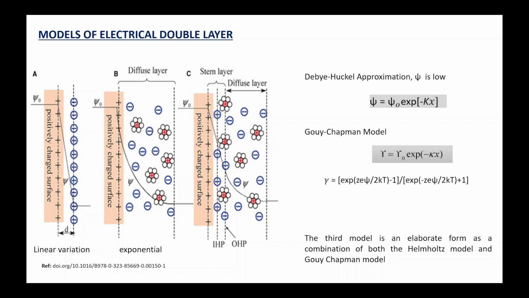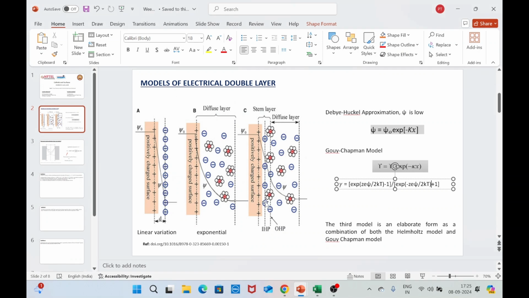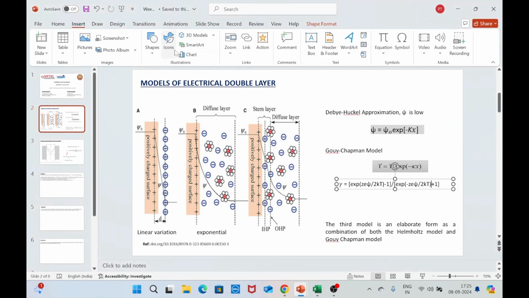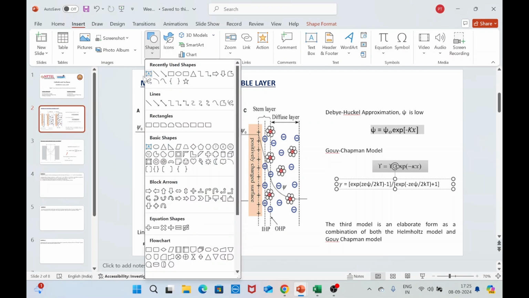Beyond psi d, there will not be much effect of the potential due to the particles, or you can say that the charged surface will not have any effect after that layer. Let me just mention that.